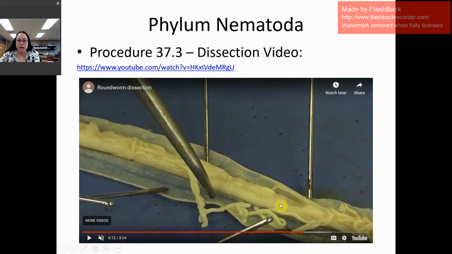Here, there's an area that looks like a V, and that V is the vagina. So it's very easy to remember, V for vagina. This is where the sperm are going to enter, and then those sperm are going to travel through those two large tube or noodle-like structures. Those two large tubes are the uterus.